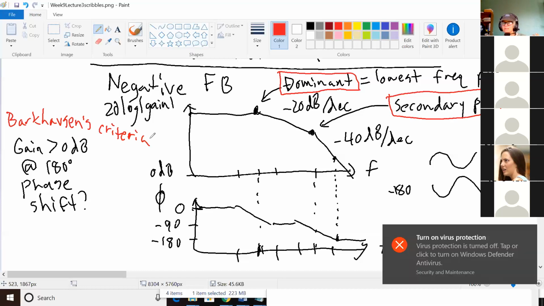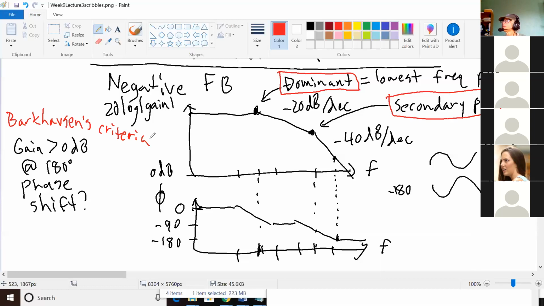If it's less than 0 dB at 180 degrees phase shift, you're probably okay. So that's Barkhausen's criteria. So this right here, is this violating Barkhausen's or is it satisfying Barkhausen's criteria? Violating, because it's greater than 0 dB.